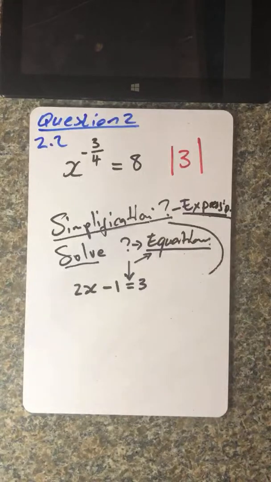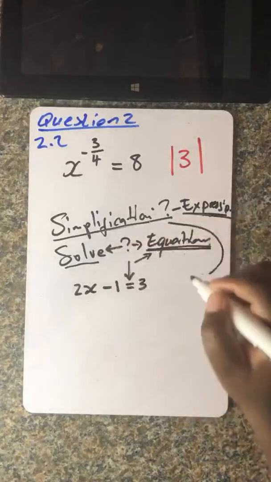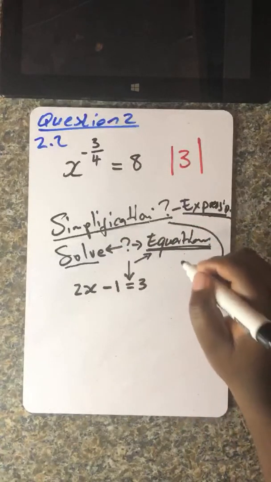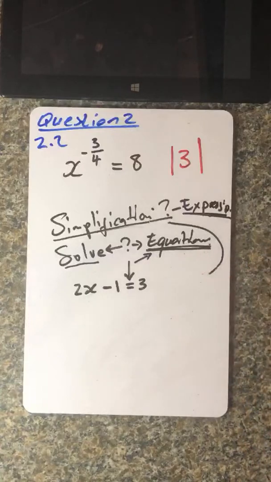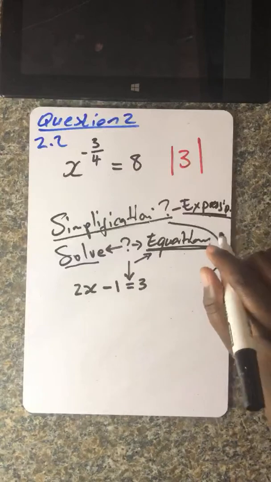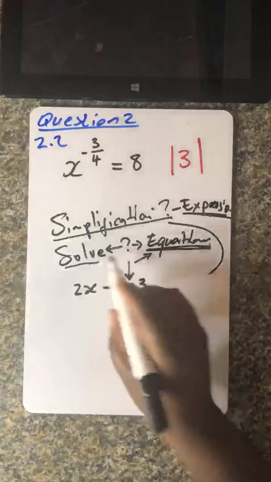So now, what do you do when you're given an equation? When you're given an equation, you solve. What is it that you're solving? Guys, at all times, we solve for the unknown. If you've got an equation, that means you solve.